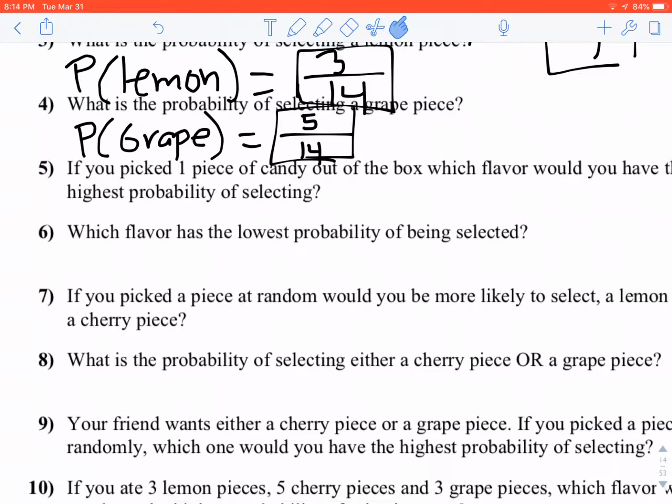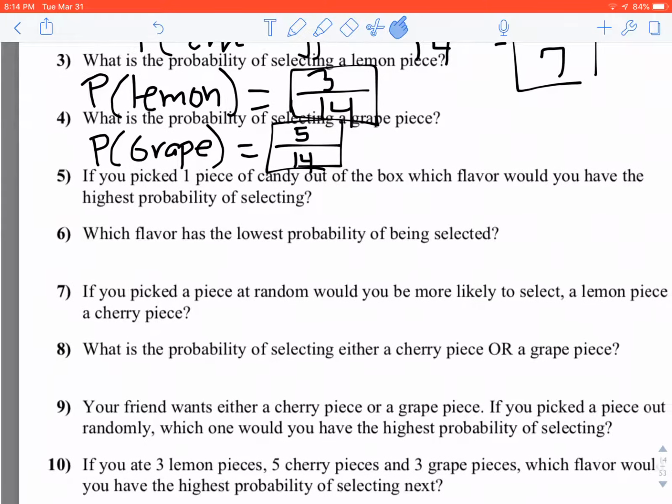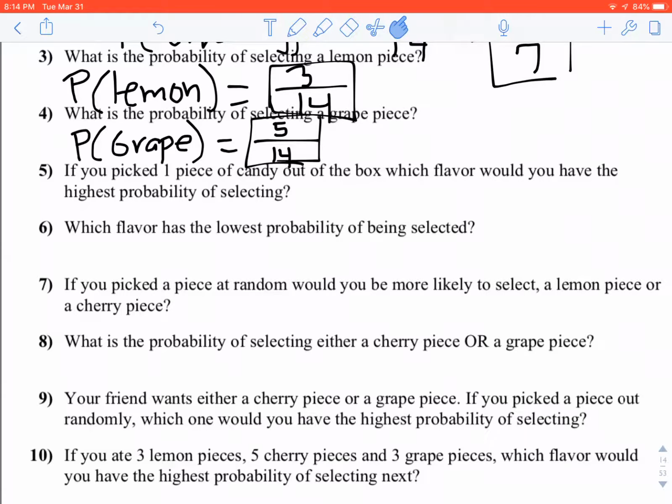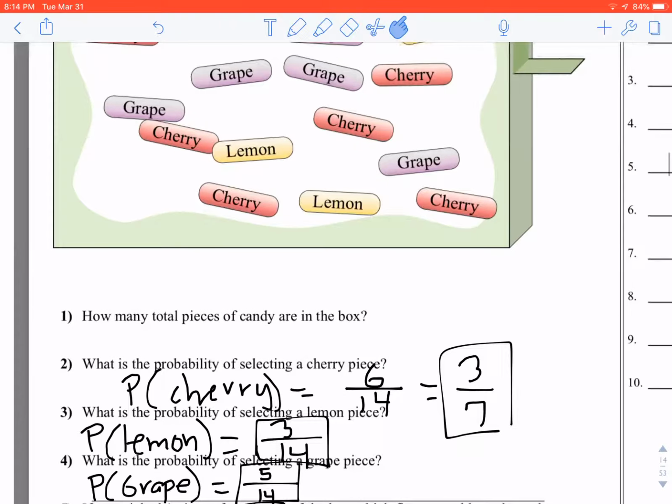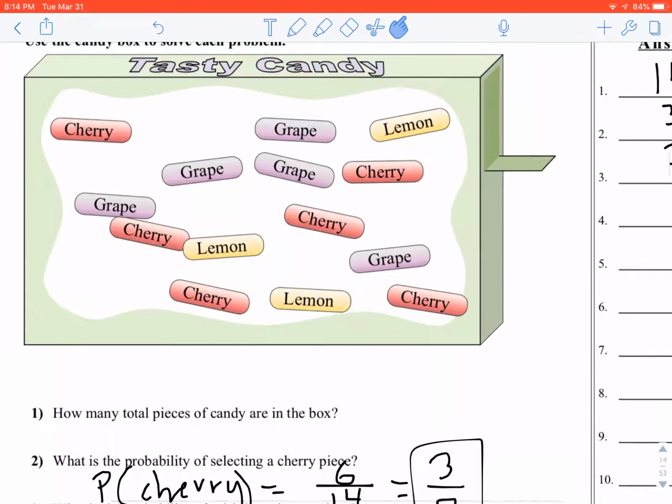Number 5 asks, if you pick one piece of candy out of the box, what flavor would have the highest probability of being selected? So you're looking at your candy bars up top, and if you want to label up here how many of each there are, that might be a good idea. If you look at the lemon, if you count those, there's 3.